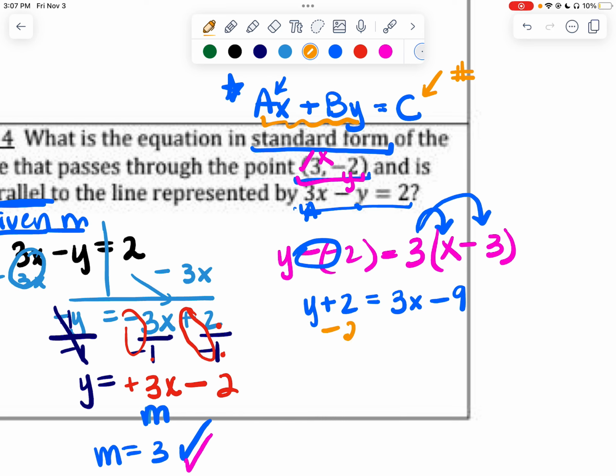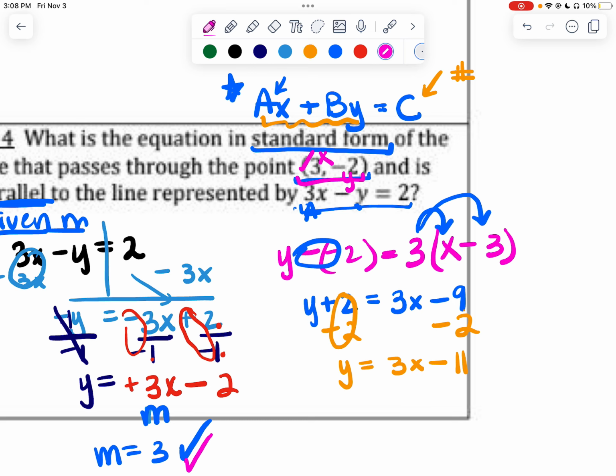This plus 2, I want to take it to the right. So I'm going to do minus 2, minus 2. Plus 2 minus 2 is 0. So it just leaves me with y. Still have 3x over there. Negative 9 minus 2, negative 11. Double check it on decimals.